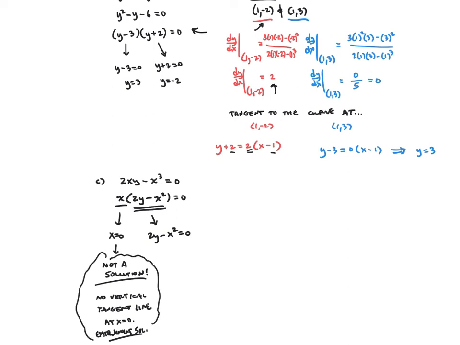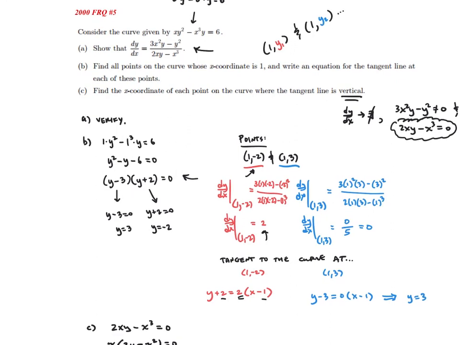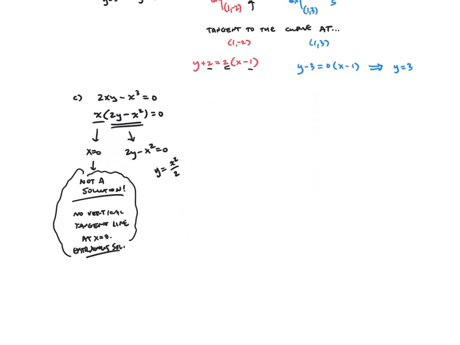Let's work the other side of things. Let's solve for y here. Well, y would equal x squared over 2. So when y equals x squared over 2, the denominator of our derivative function is equal to 0. So let's take our original equation, xy squared minus x cubed y, set it equal to 6.